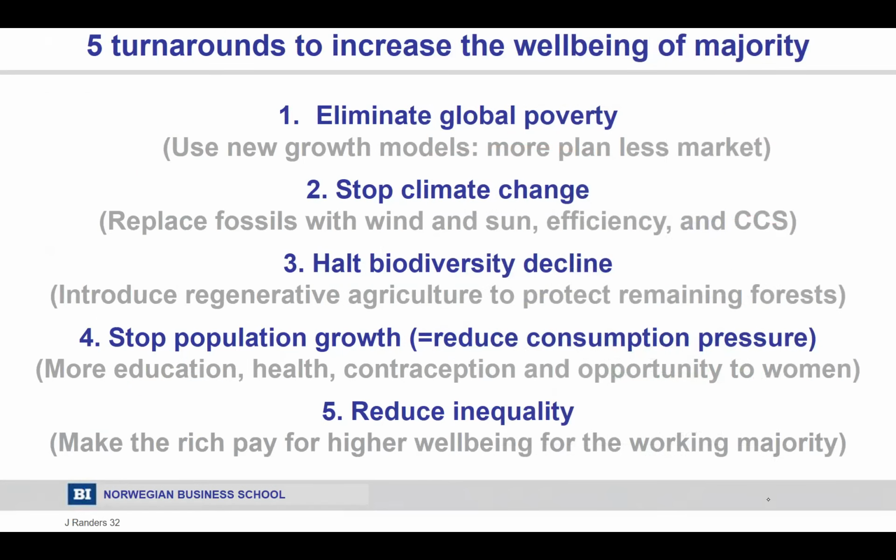So what can you use a model like this for? The most obvious thing is, of course, to look at policy intended to reverse the trend in well-being.